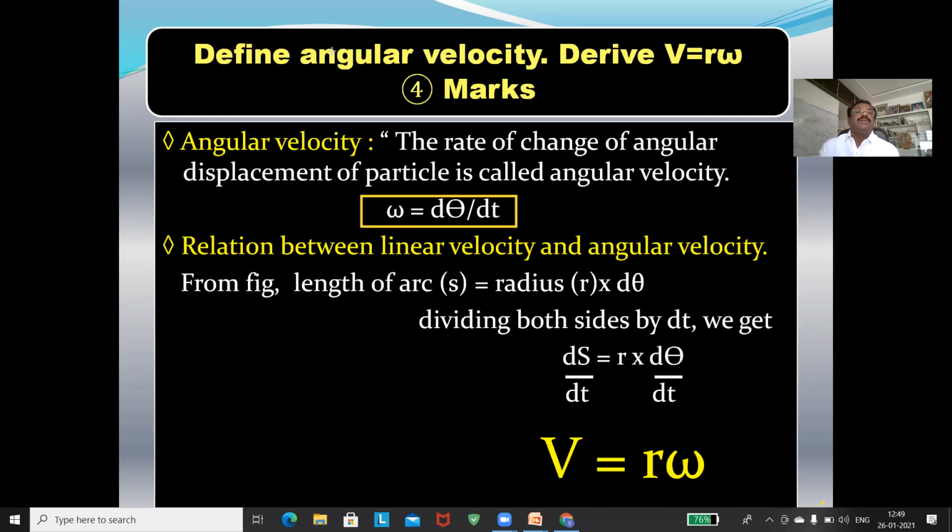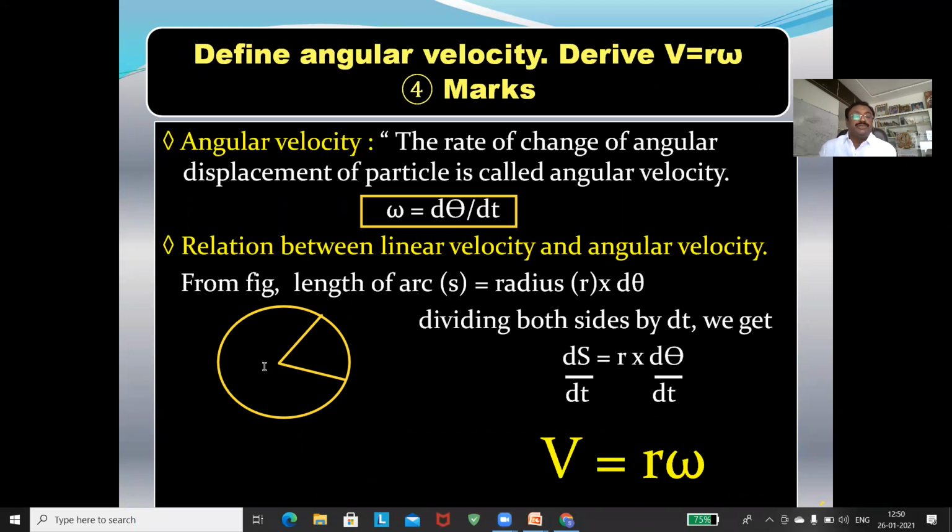So for example, let us consider a body of mass moving in a circular path of radius r. The body is moving along the circumference of this circle, where the radius of this circle is r.